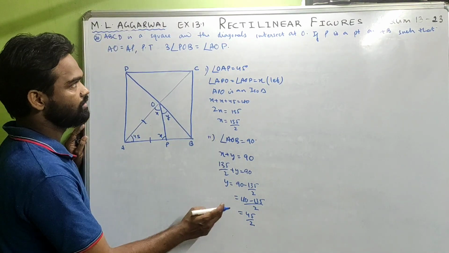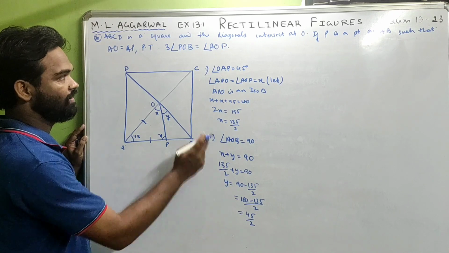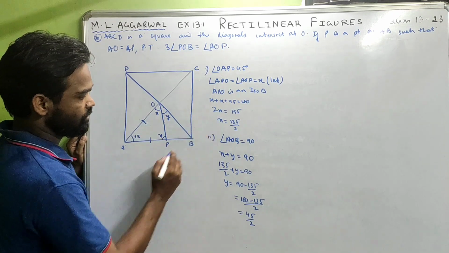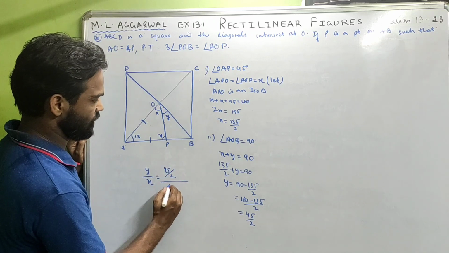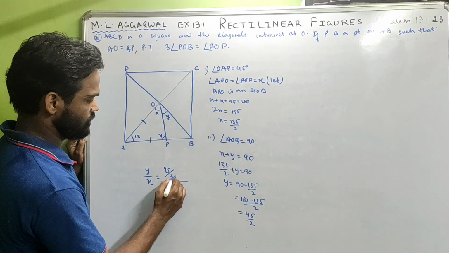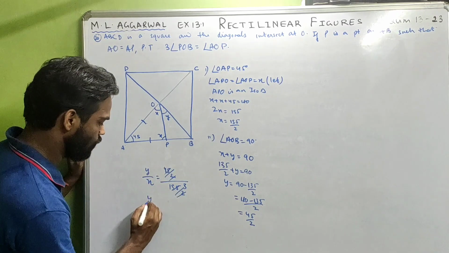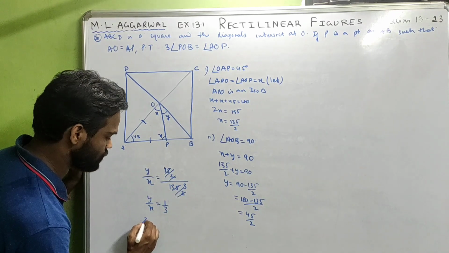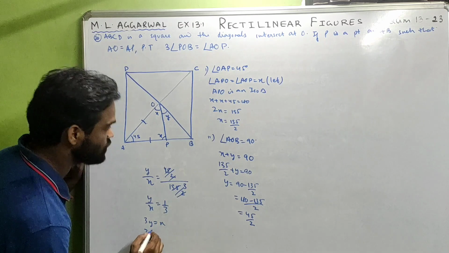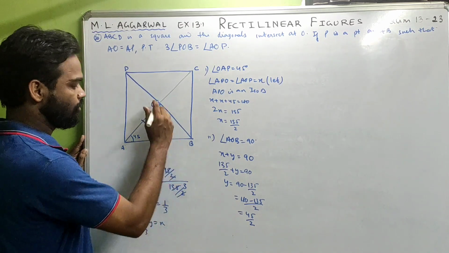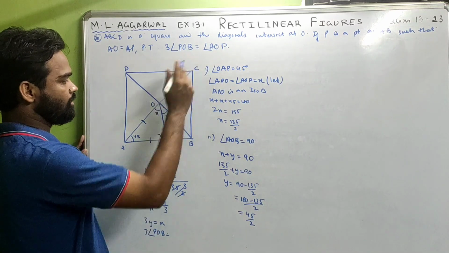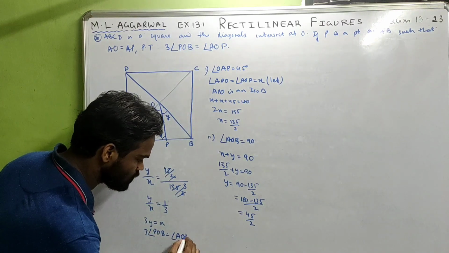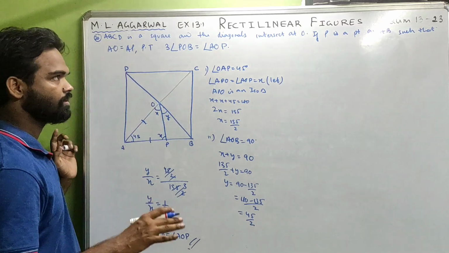And clearly, if you divide these two, Y by X, so 45 by 2 divided by 135 by 2, Y by X is 1 by 3, so thrice of Y equals X. Thrice of Y is which angle? POB. Angle POB is equal to X. X is which angle? AOP. This is what we were supposed to prove.